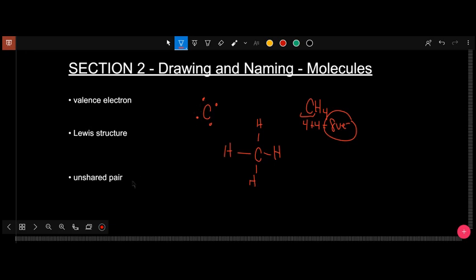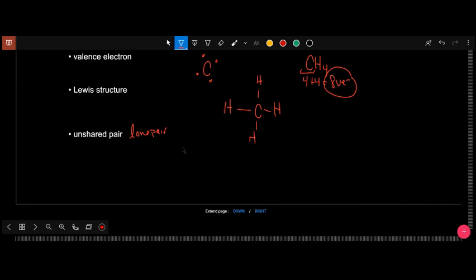Now an unshared pair is just another term for a lone pair. So if we were to draw the Lewis structure for H2O, we're going to realize that oxygen is going to bring 6 valence electrons because he's group 16, and those 2 hydrogens bring 2, so we have 8 valence electrons to work with. So there's 1 oxygen, he goes in the middle, hydrogen and hydrogen, and I've got 8, so 2, 4, hydrogens are happy, 6, 8.